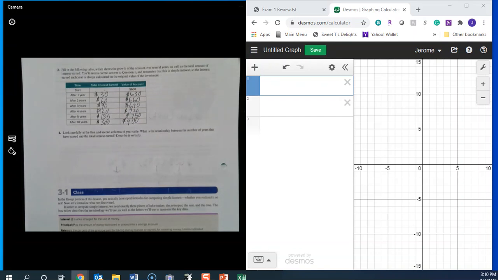Now it says, look carefully at the first and second column of your table. What is the relationship between the number of years that have passed and the total interest earned?